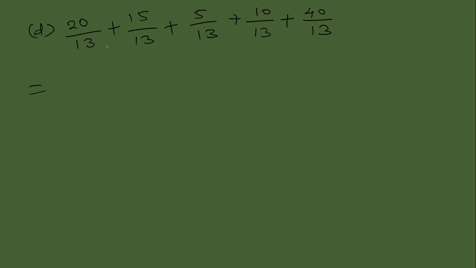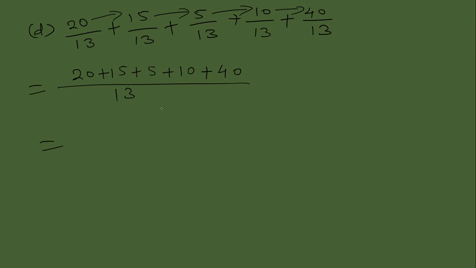So here 13 comes 5 times, but you have to take it once only. So I write here 13 a single time, and then I add the numerators. 20 plus 15 plus 5 plus 10 plus 40. I will write it: 20 plus 15, 35, plus 5, 40, 40 plus 10, 50, 50 plus 40, 90. So I write here 90 by 13.